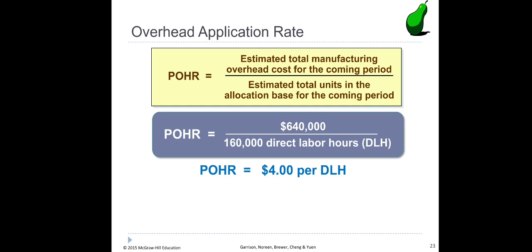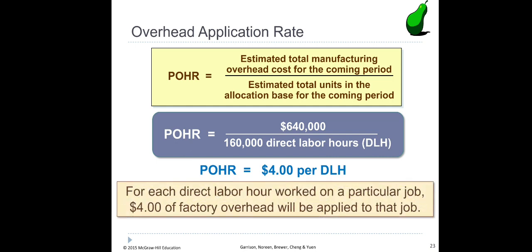Then the predetermined overhead rate is $4 per direct labor hour. It means that for each direct labor hour worked on a particular job, $4 of factory overhead will be applied to that job, or $4 of manufacturing overhead will be allocated to that job.